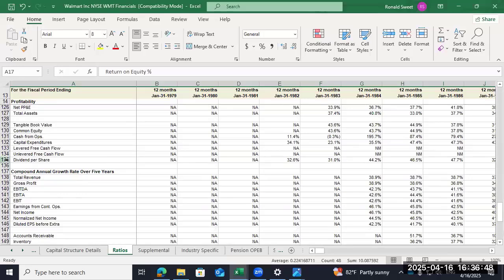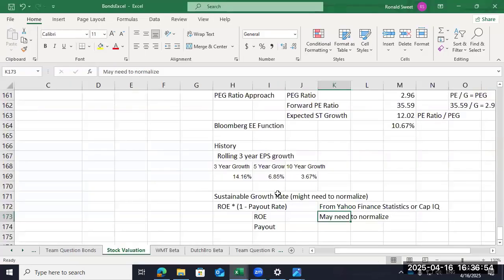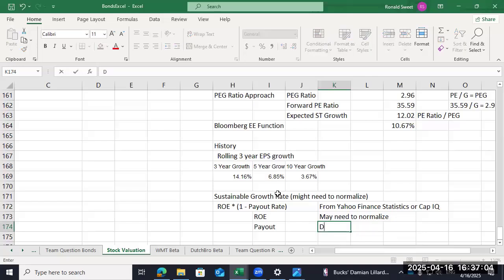We can get it. What is the payout ratio? Anybody know the formula for that? What did y'all get for payout ratio? Any guesses? Paying out what? Dividends per share divided by what? Well, earnings per share. Because what we're asking is, what percentage of your earnings are you paying out? That's the payout ratio. All right.